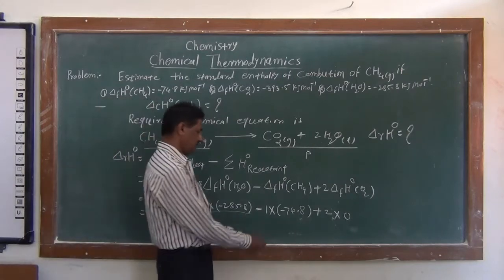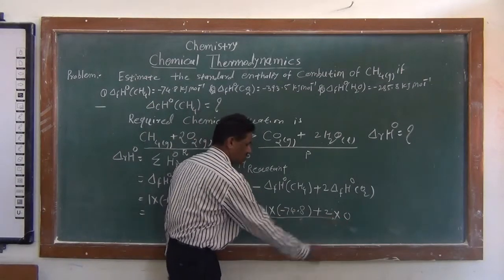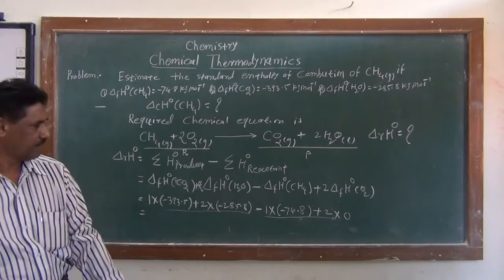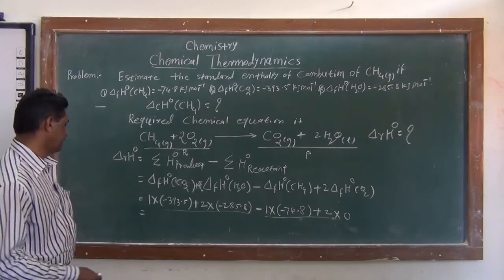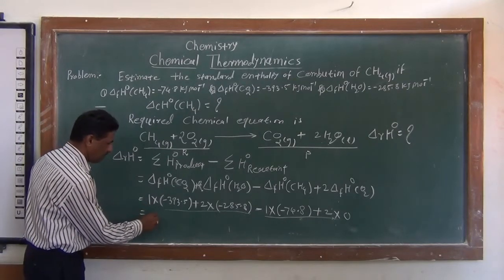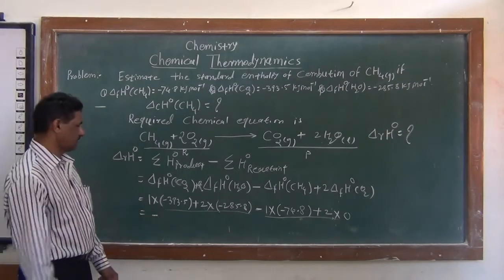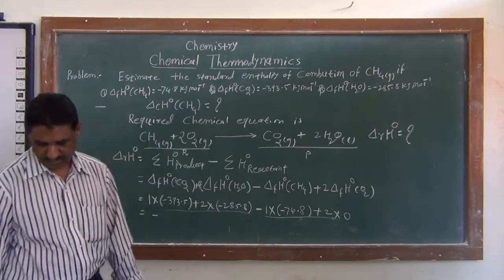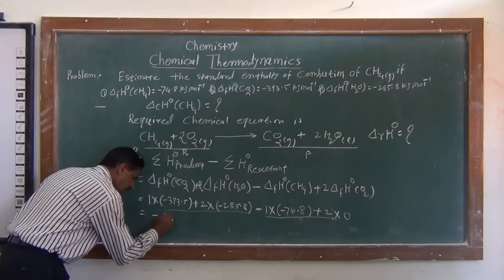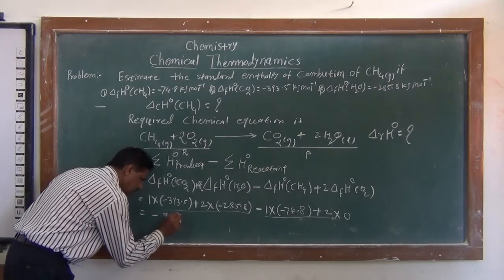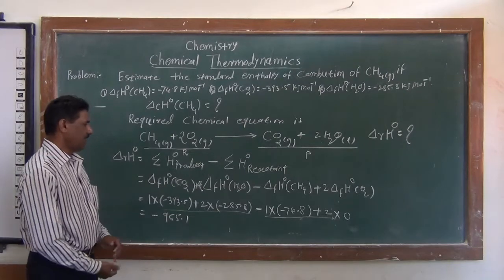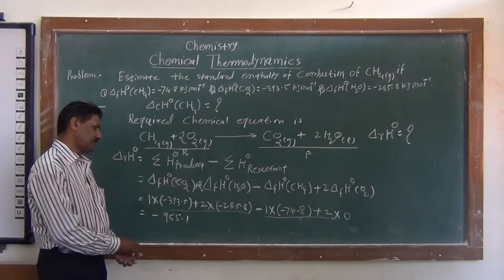Then we solve the addition of these two. Here we add these two, we get minus 965.1 kilojoules as the enthalpy of the products.